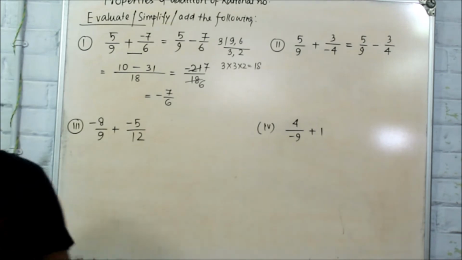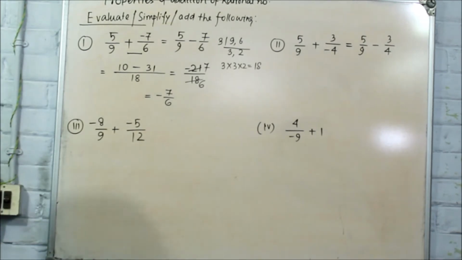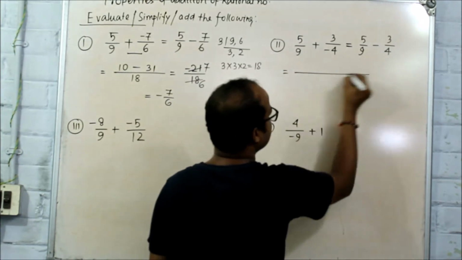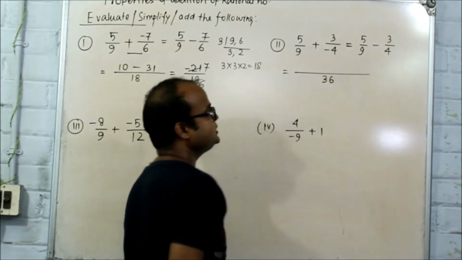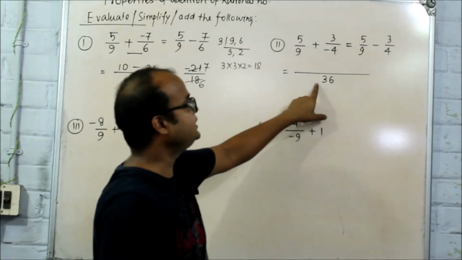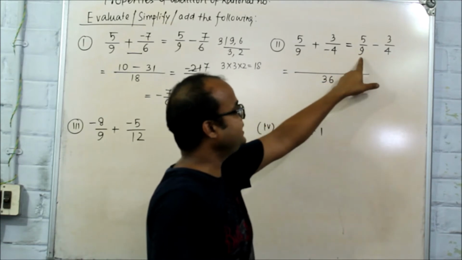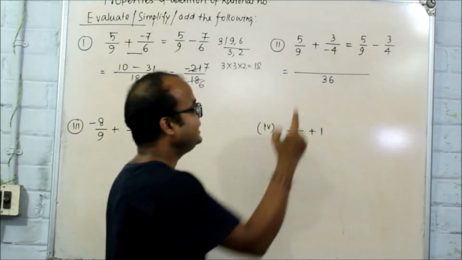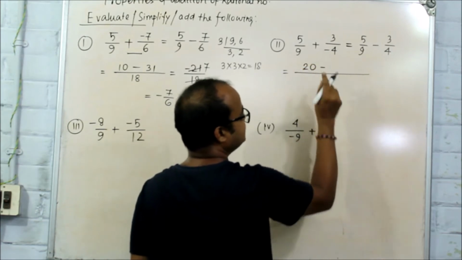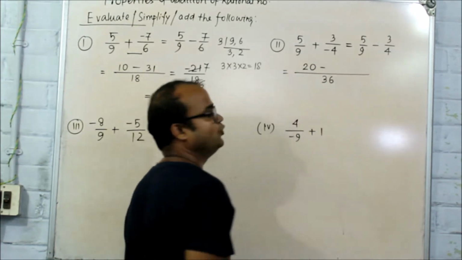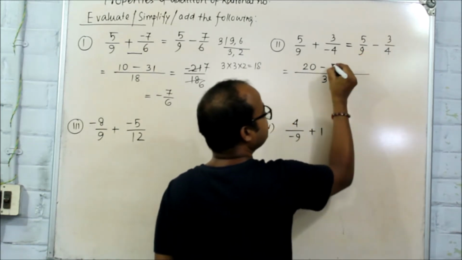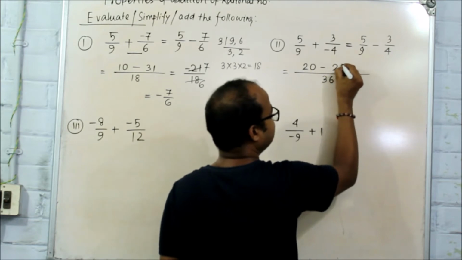Clear? Now LCM of 9 and 4 is equal to 36. Now 36 divided by denominator, right? 36 divided by 9 is equal to 4 multiplied by 5. 4 5 are 20 minus 36 divided by 4 is equal to 9 multiplied by 3. 9 3 are 27.